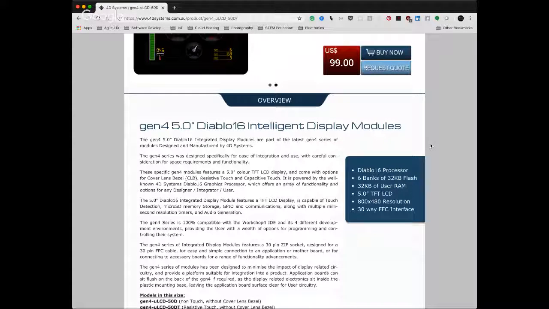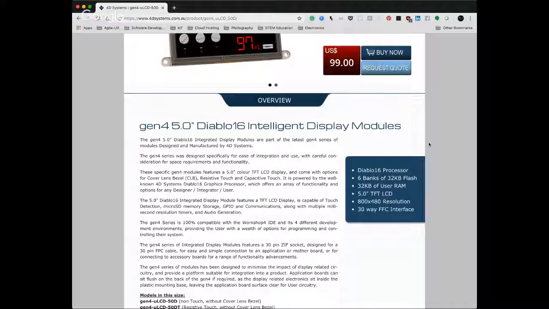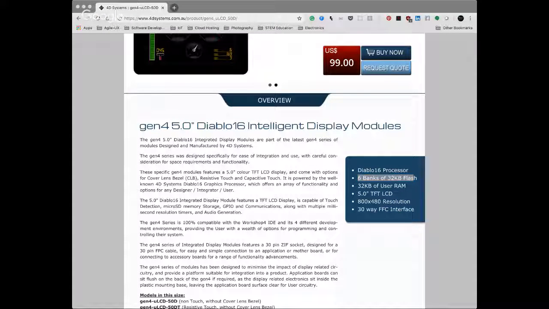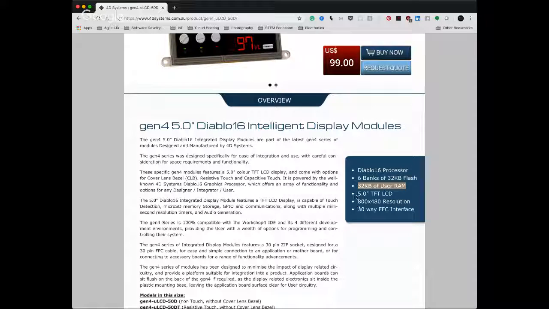So it makes my life a lot easier when I'm trying to look for information. As you see here, there are 6 banks of 32 kilobytes of flash memory, 32 kilobytes of user RAM, and then they have the 30-way FFC interface.